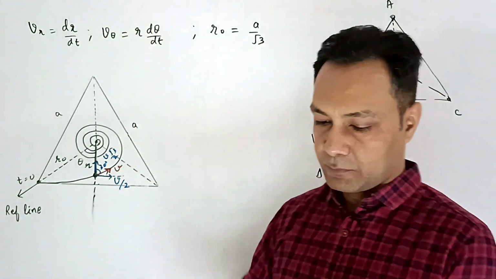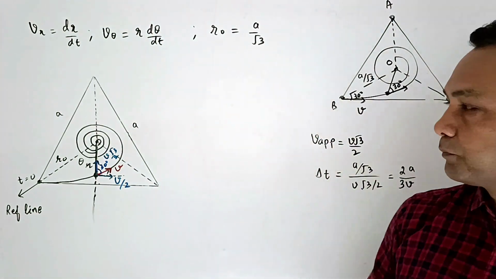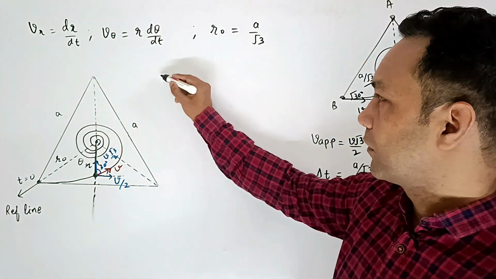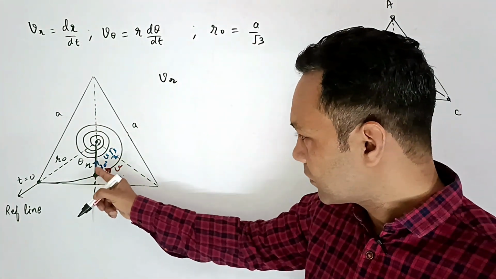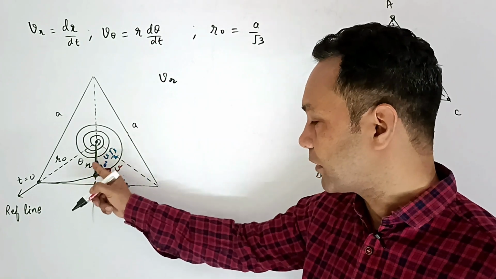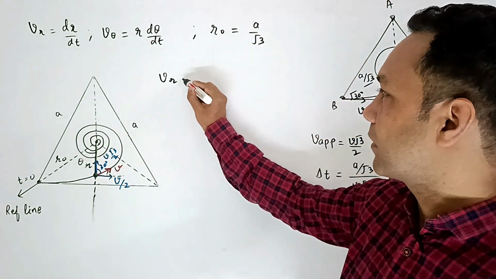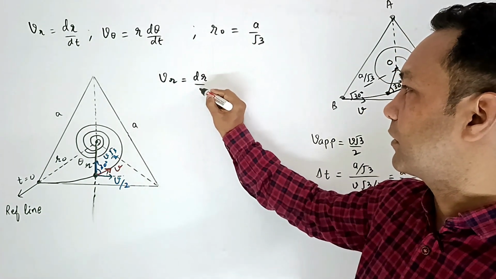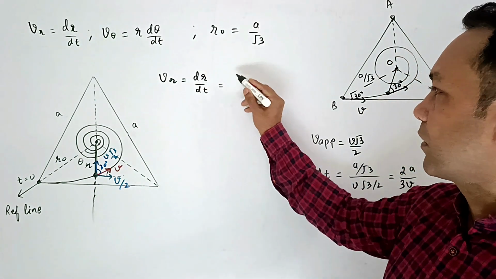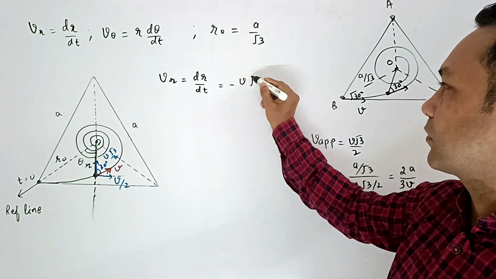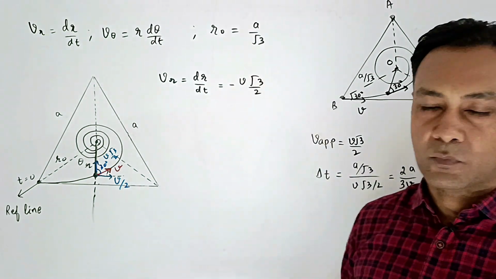Now we will use this. So V_r, this is the V_r part, but because it is towards the center, we will write minus. V_r is basically dr by dt, and how much is this? This is minus V root 3 by 2.